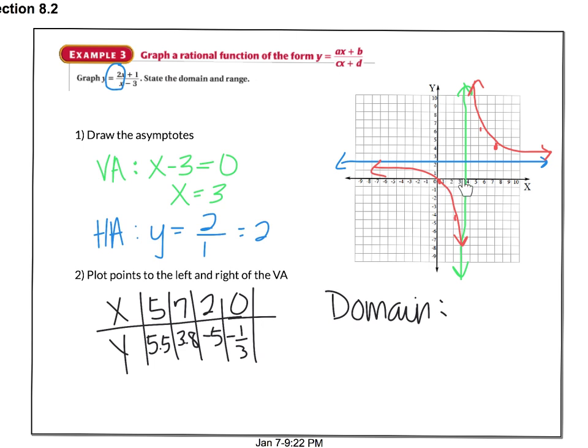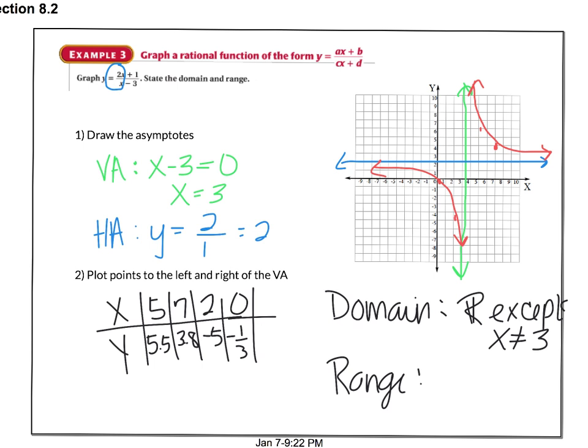That's supposed to be on 3. It is your vertical asymptote at 3. So for your domain, it can be all real numbers. You could use your symbol if you want, all real numbers, except x cannot be 3. However you want to write that, just get the information across to me.